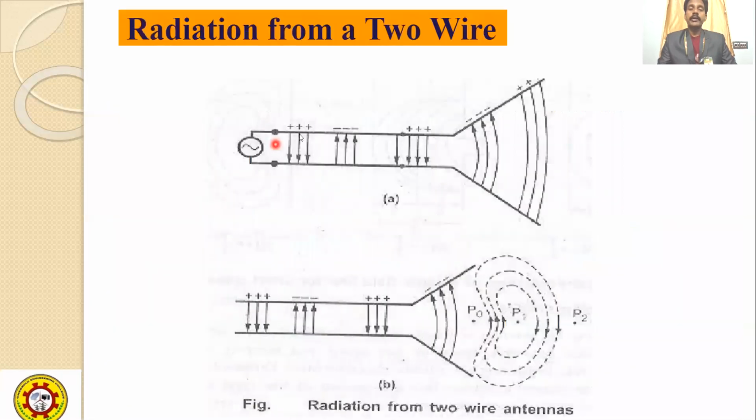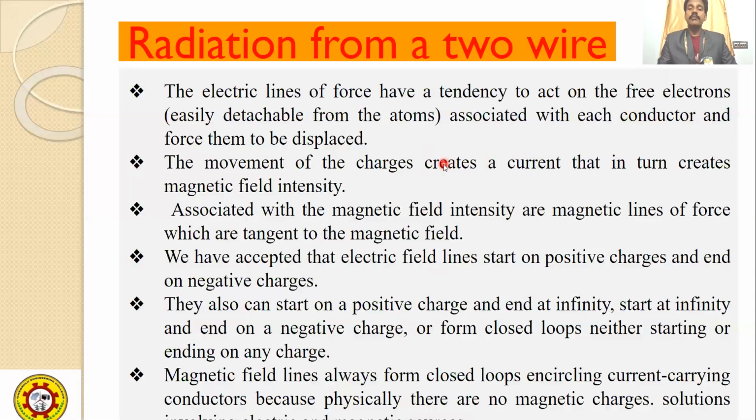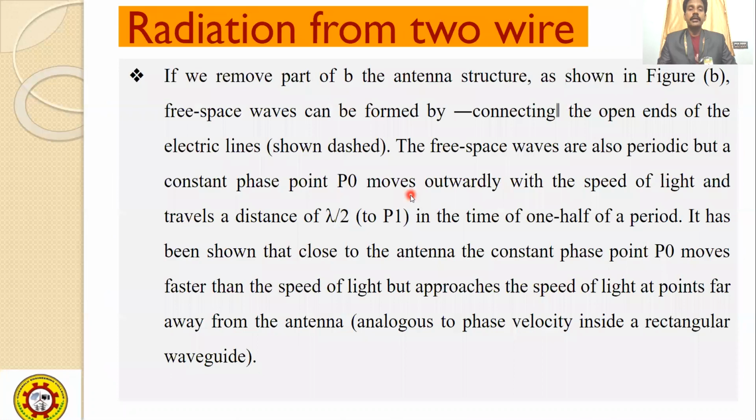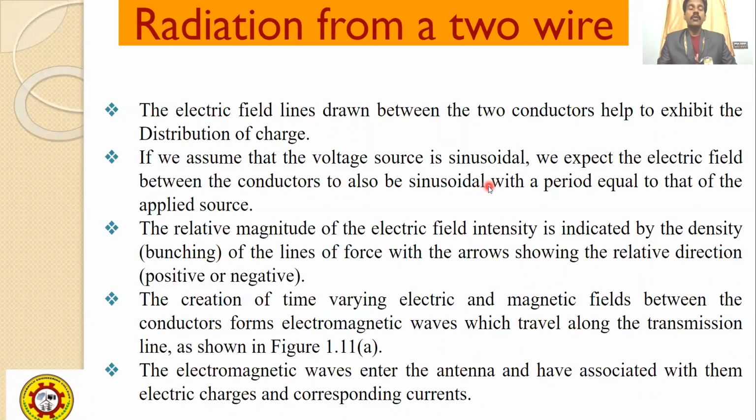As in the previous lecture, the transmission of positive and negative goes in its direction. Therefore, the force, that is the voltage source, is taken to be sinusoidal. With this, we expect the electrical field between the two conductors also to be sinusoidal, with a period equal to that of the applied voltage source.